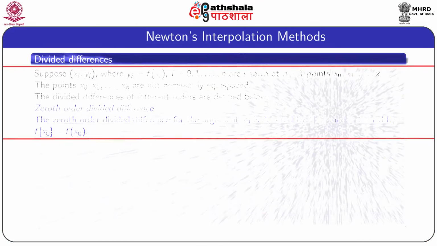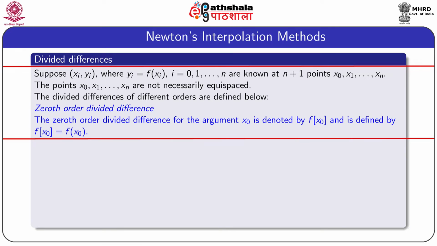Now, we discuss another important interpolating polynomial, known as Newton divided difference interpolation formula or Newton fundamental interpolation formula, but in this formula the arguments may or may not be equally spaced, and this formula is used to derive other interpolating formulas such as Newton forward interpolation formula, Newton backward interpolation formula, and also the Lagrange interpolation formula. Now, we define divided differences which are used to develop the Newton divided difference interpolation formula.